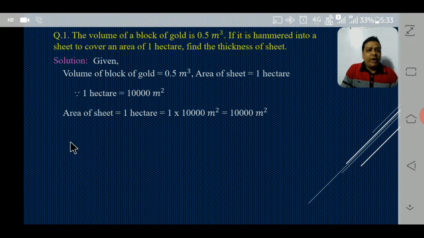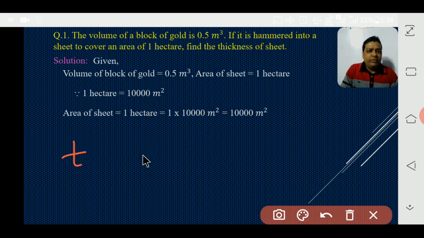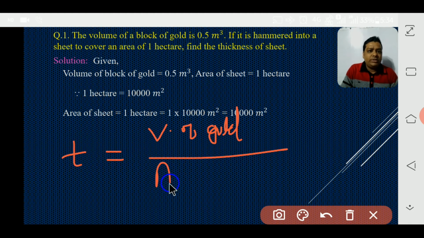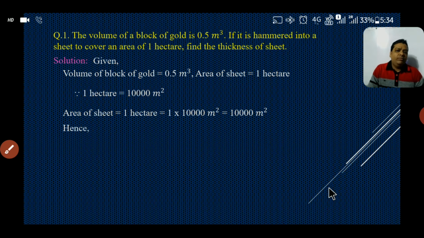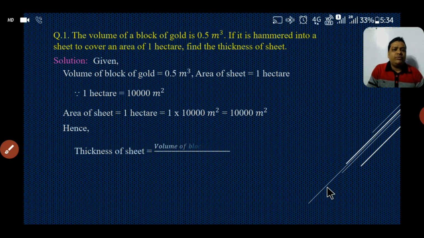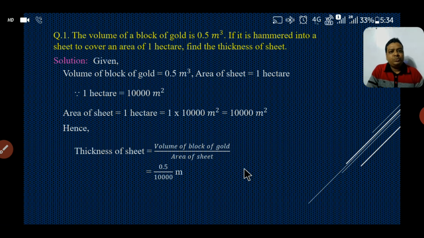So thickness of sheet will be volume of block of gold divided by area of sheet. Let's put the values: 0.5 by 10,000 meter.